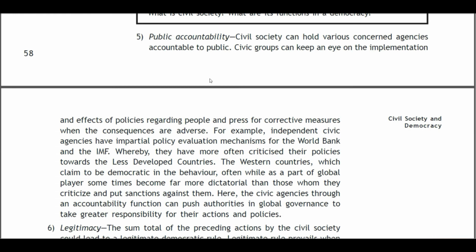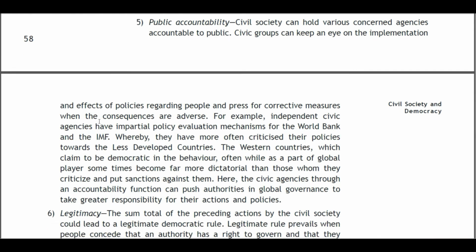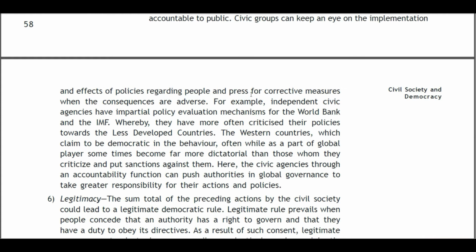5. Public accountability. Civil society can hold various concerned agencies accountable to the public. Civil groups can keep an eye on the implementation and effects of policies regarding people and press for corrective measures when the consequences are adverse. For example, independent civic agencies have a policy evaluation mechanism for the World Bank and IMF, whereby they have more often criticized their policies towards the less developed countries.